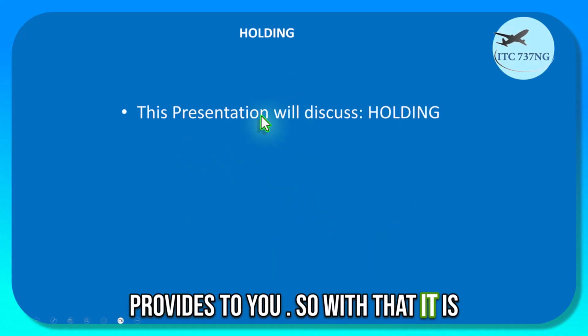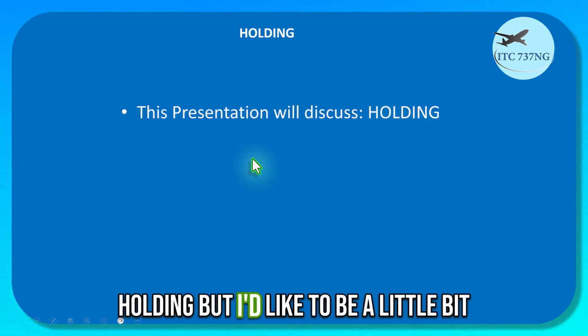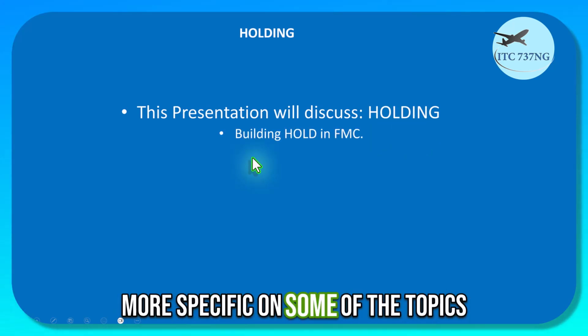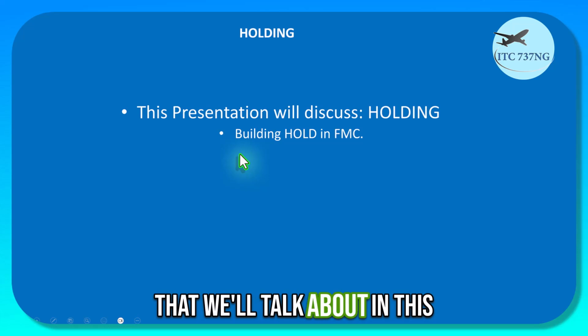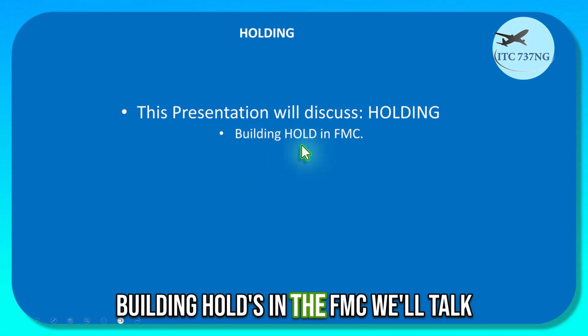So with that, it is going to be a general discussion on holding, but I'd like to be a little bit more specific on some of the topics that we'll talk about in this module. We'll be talking about building holds in the FMC.